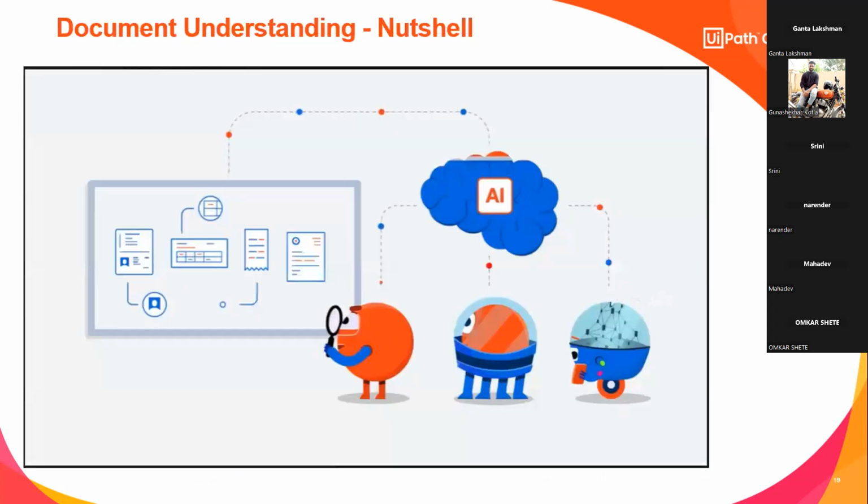In a nutshell, RPA can look for the documents and wait. There are different ways to tell the bot to wait for documents. Once documents are received, it passes them to the document understanding service.